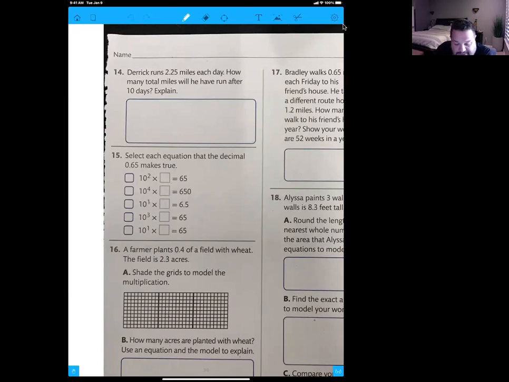All right, do number 10. Number 10 basically says he runs 2.25 miles today. How much will he run after 10 days? Here's another thing where a lot of you will line this up and get all bent out of shape trying to multiply it. If it's 10, 100, 1,000, ends in zeros, you just move the decimal.